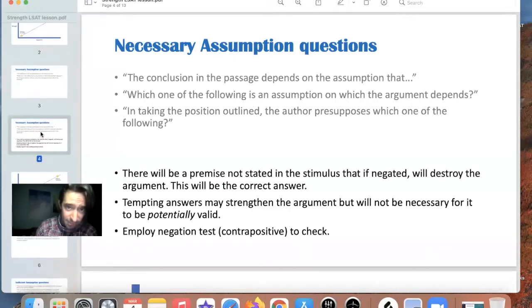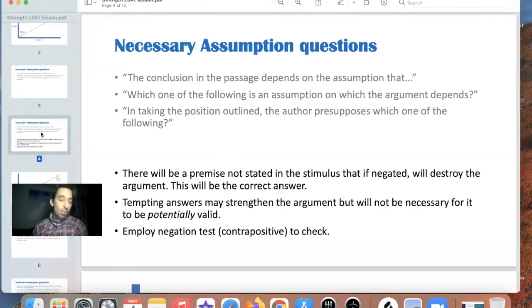Now, a necessary assumption is going to be a premise that is unstated, okay? And the test, again, is that if we negate it, it will destroy the argument. It will be absolutely necessary for the argument to stand any chance at all. That will be the correct answer. There will be tempting answers that may strengthen the argument in general, but they will not be necessary for it to be potentially valid.